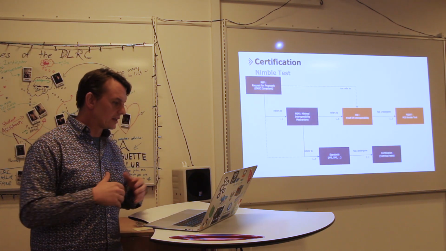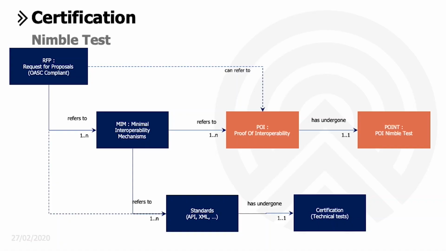How will they exactly work? For example, imagine you have an RFP out there where you request a solution and it has to be OASC compliant. It will refer to a MIM. For example, it will refer to the data having to come from the context management, and it has to, for example, be a waste management model.